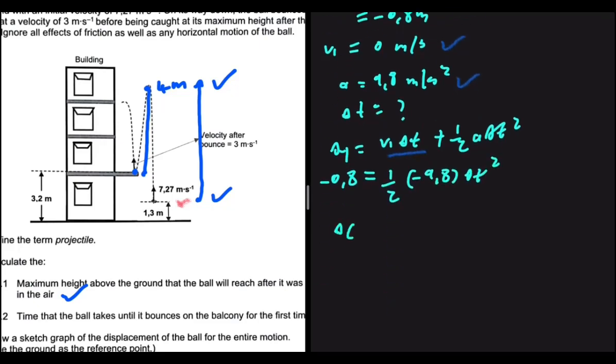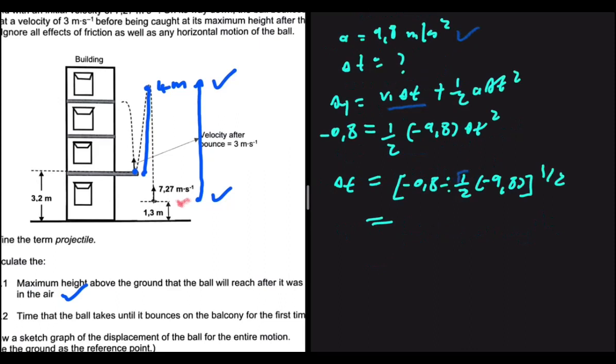So delta t will be equal to the square root of minus 0.8 divided by a half multiplied by minus 9.8, everything to the power a half. We need to show that delta t will be equal to 0.404 seconds.